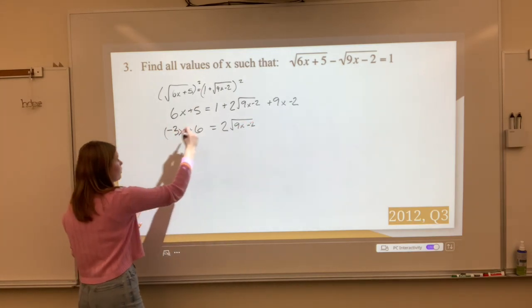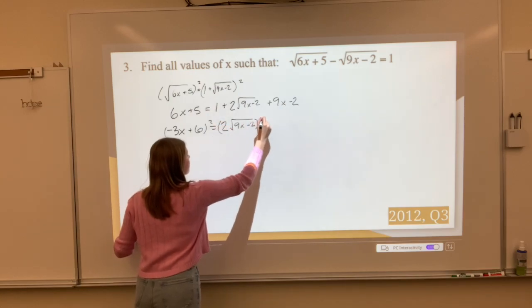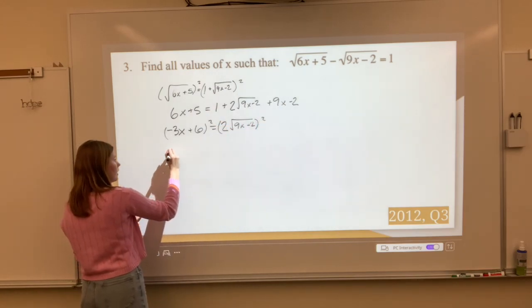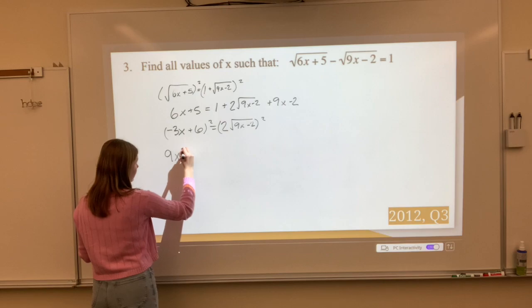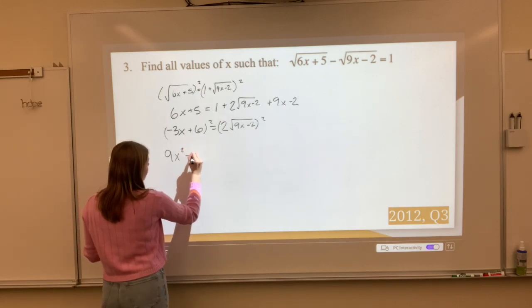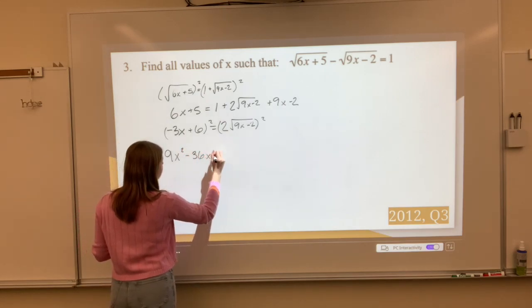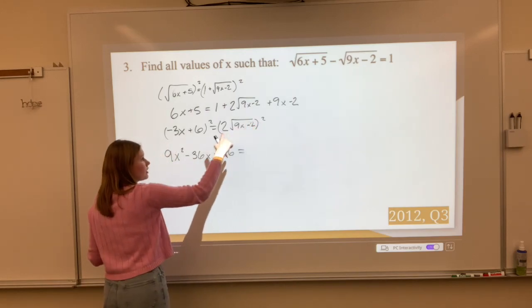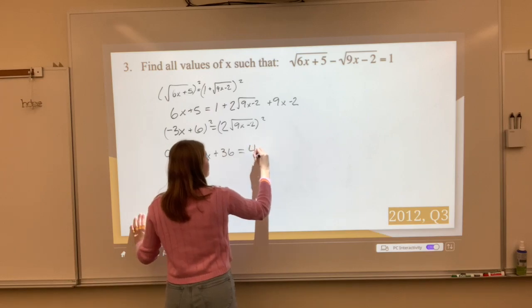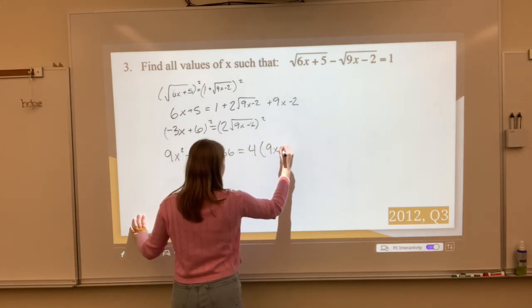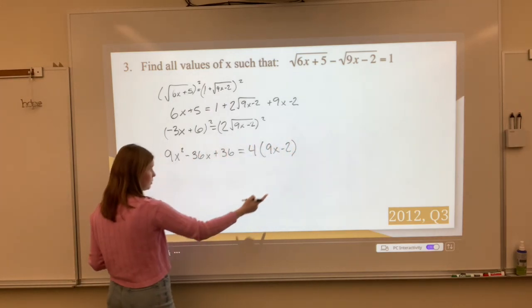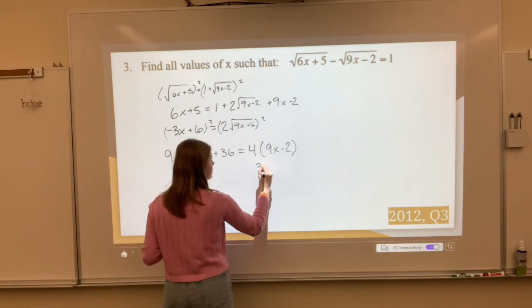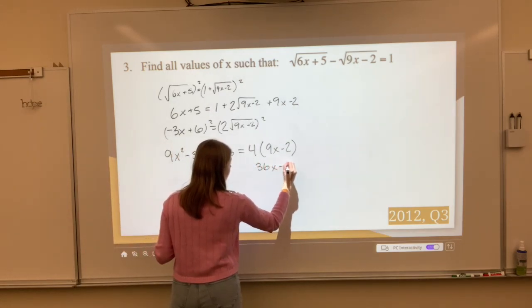Alright, let's square both sides again. We FOIL this side and get 9x squared minus 36x plus 36 is equal to 4, don't forget to square your 2, times 9x minus 2. We distribute the 4 and get 36x minus 8.